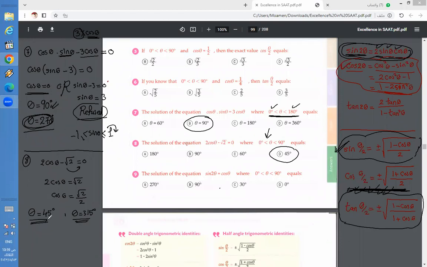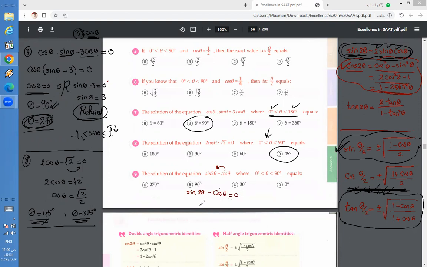The last problem with us today, inshallah, will be number 9: the solution set of sine 2 theta equal cosine theta. By the same idea as problem 7, we will get cosine on the other side. So sine 2 theta minus cosine theta equal to 0.